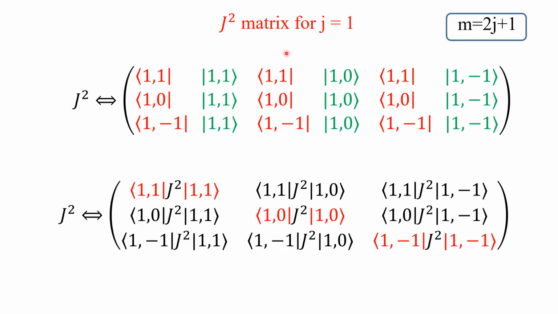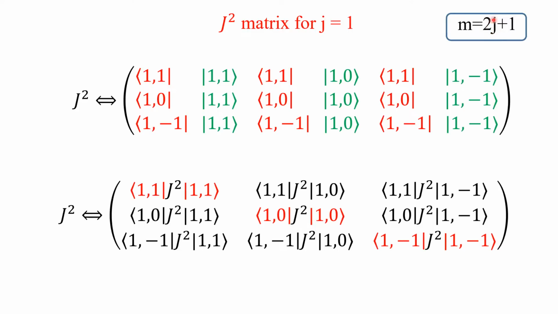Now we will construct the angular momentum matrices when J is equal to 1. In the case of Pauli spin matrices, the J value is half, so we will have 2J plus 1 matrix elements.